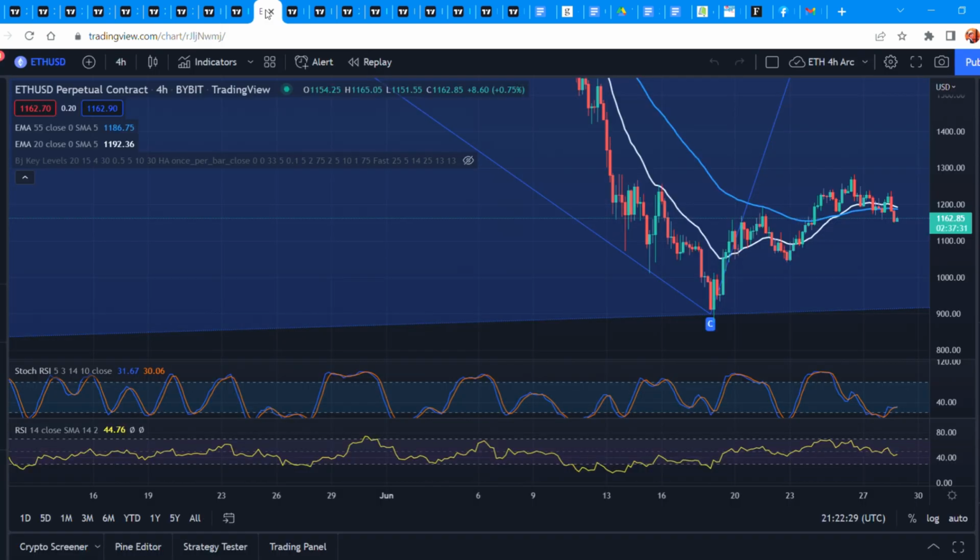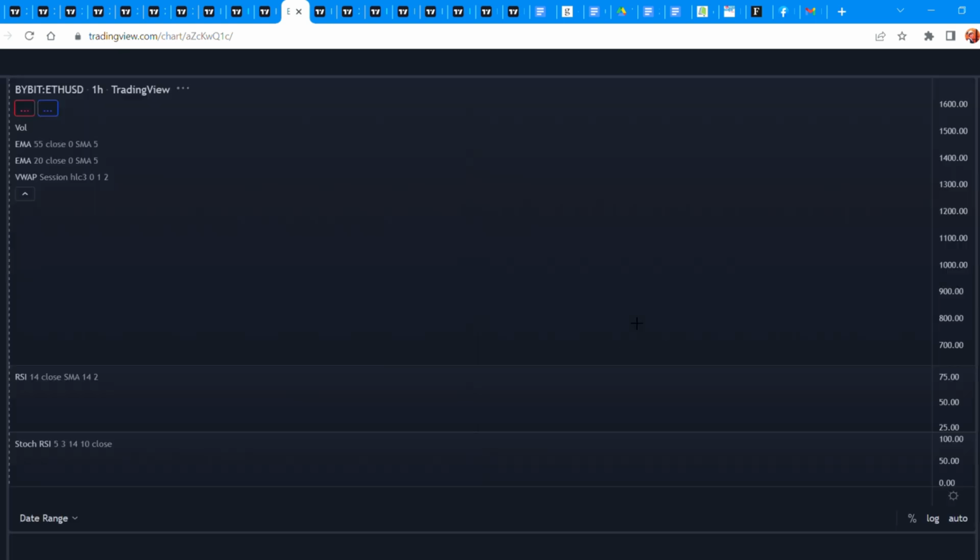Now I have the daily and the 4-hour, both of them with their arcs, and then I have the 1-hour, and the 1-hour is mapped out. You'll see it very shortly.